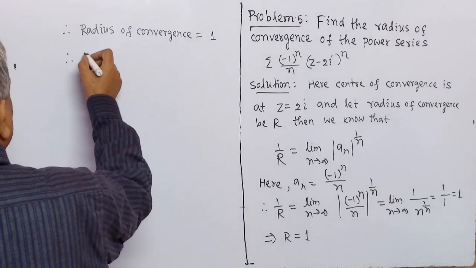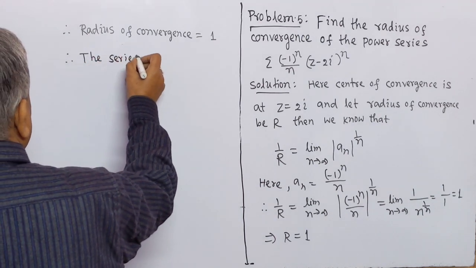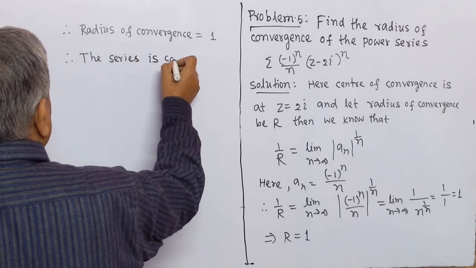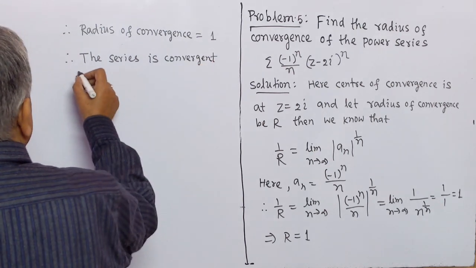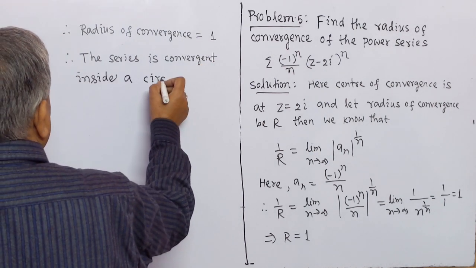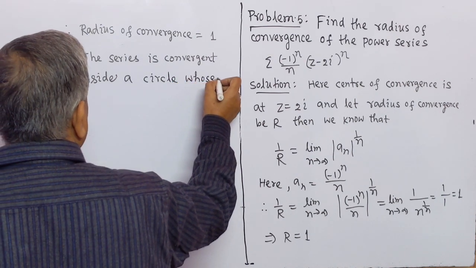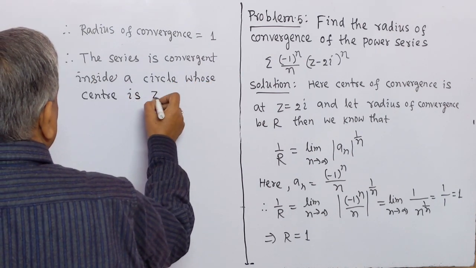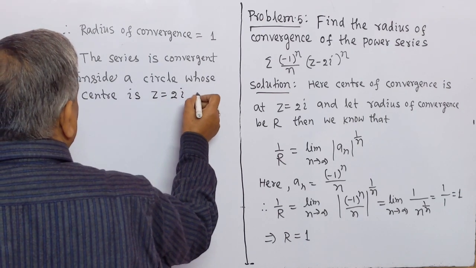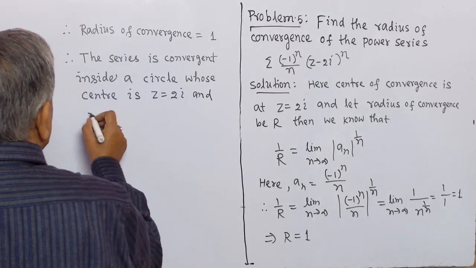Therefore the series is convergent inside a circle whose center is z equal to 2i and radius equal to 1.